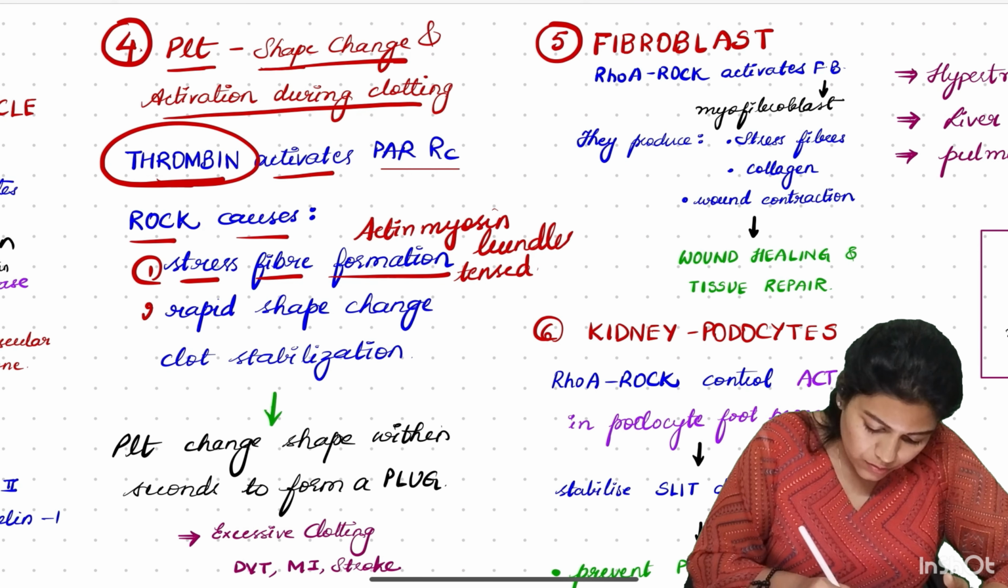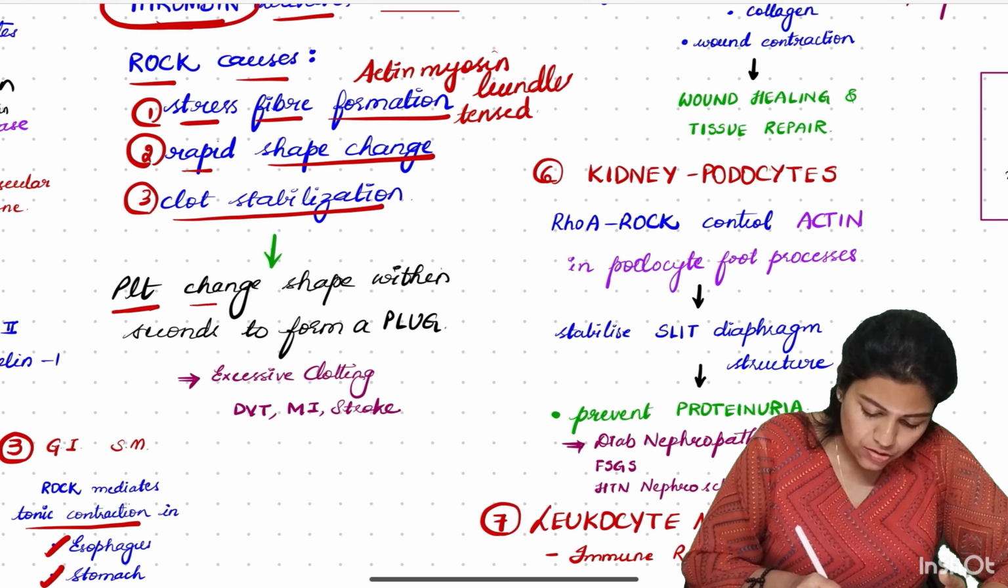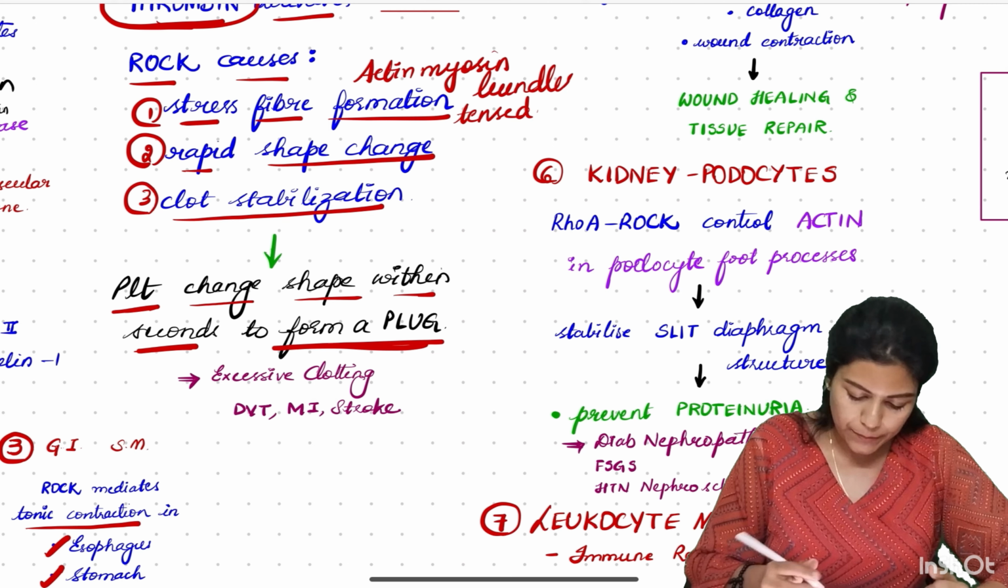So there is rapid shape change and clot stabilization. The ROCK causes these effects, so platelets will change their shape within seconds to form a plug. Therefore, it will help in clotting.